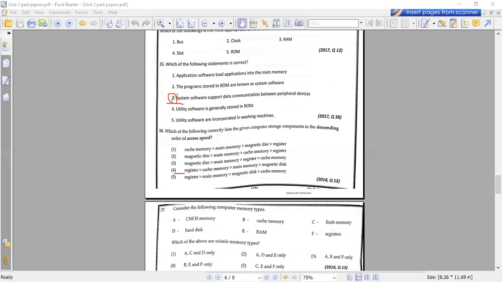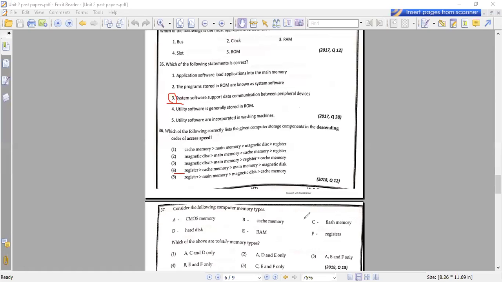We go to 37. Of the following computer memories: CMOS, cache, hard disk, flash, RAM, register, which one is volatile? This same type of question came earlier also. CMOS memory you can't take, because inside the CMOS I told you earlier that BIOS programs are kept, the things needed for the computer to boot up, so you can't take it.